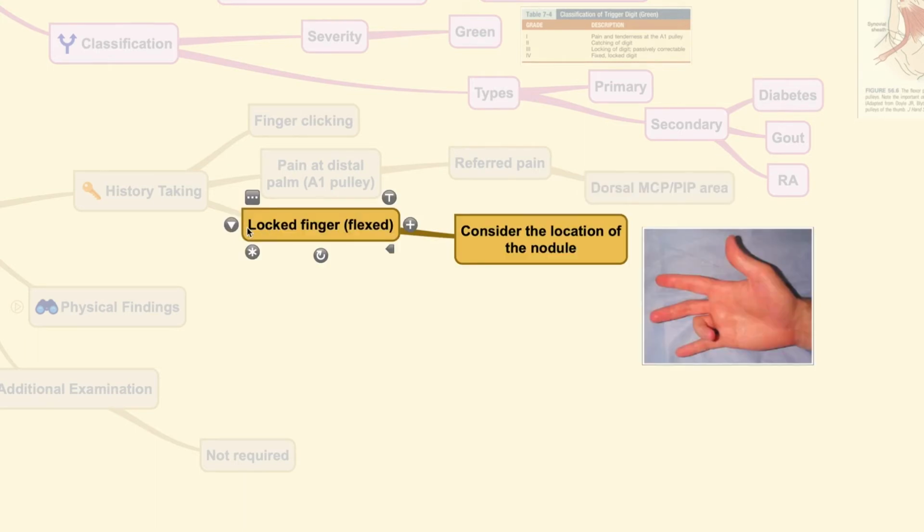Next would be a locked finger. Usually the locked finger will be positioned in a flexed position. We must also remember the normal anatomical or physiological tone of the muscles around the arm. As we all know, the flexor muscles around the arm are stronger, bulkier, and bigger than the extensor muscles at the arm.